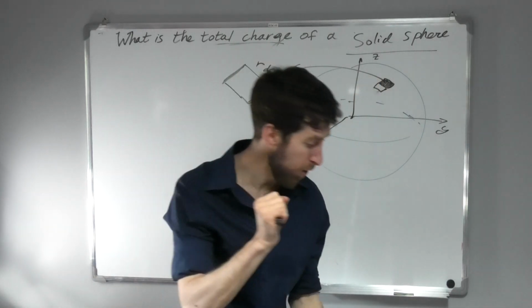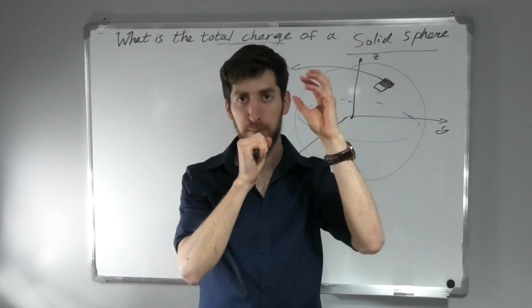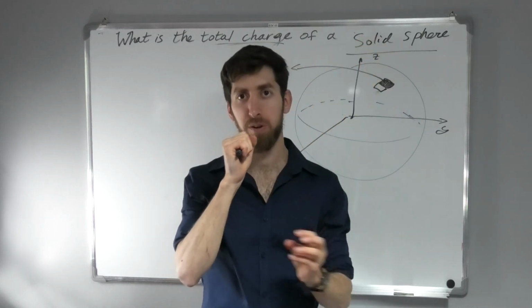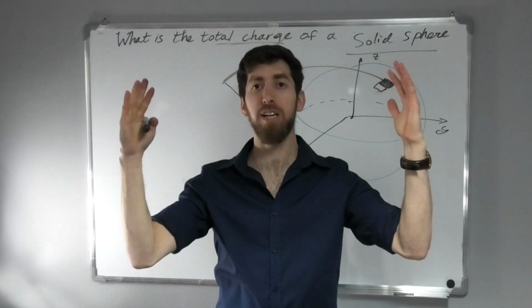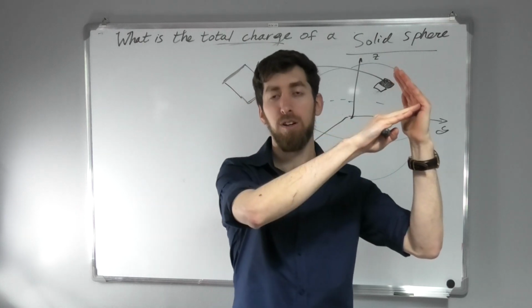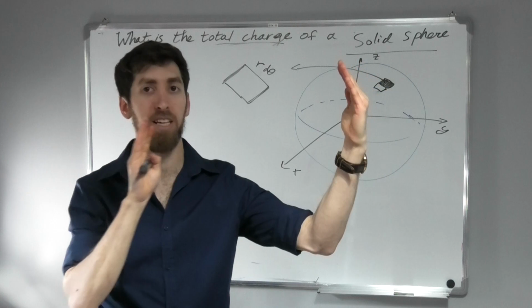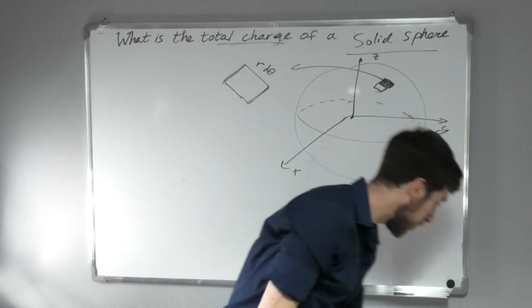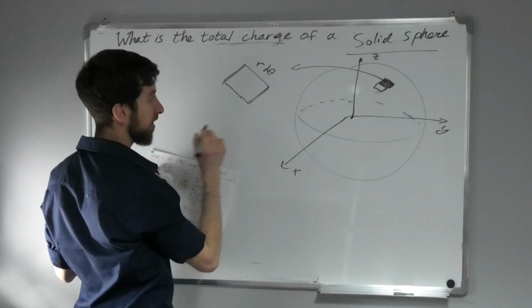If this is the middle of the sphere, and this is the end, I can take a piece from here, from here, from here, from many places, all the way until I reach the end. So my final radius is going to be big R, capital R, but in between I have many r's. So right now I'm going to use r d theta.